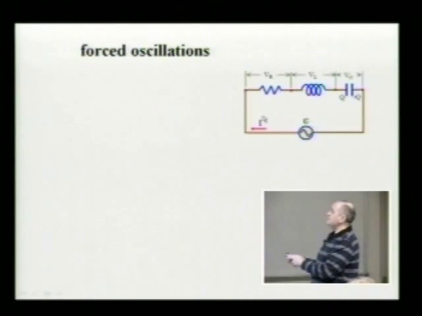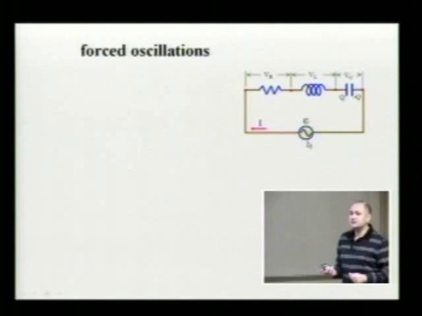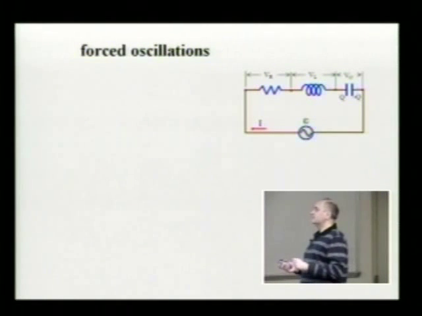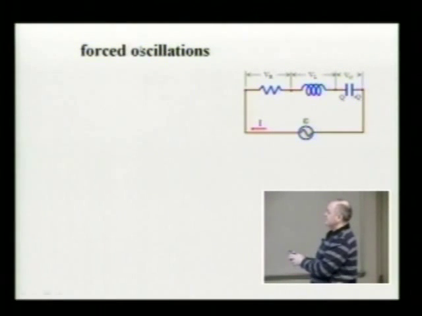So let's say that we know the capacitance of the capacitor, the inductance of the inductor, the resistance of the resistor, and let's assume that we have an ideal source of sinusoidal alternating current. I mark current flowing clockwise on this diagram.